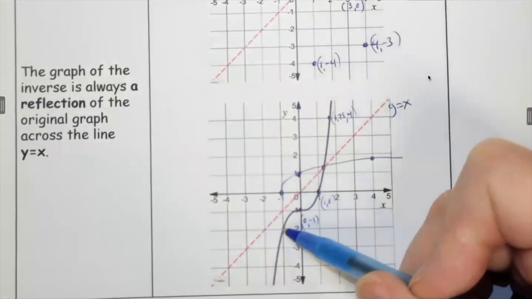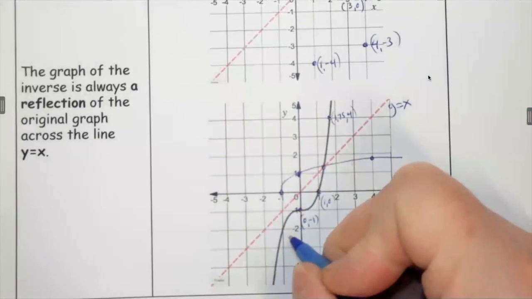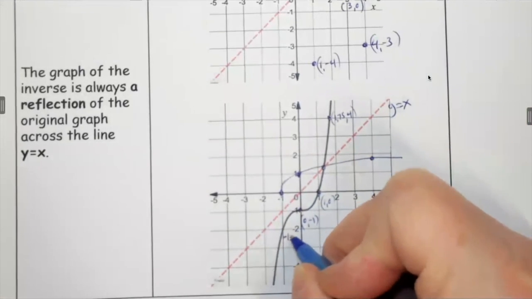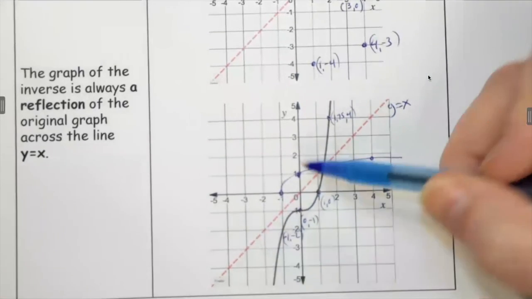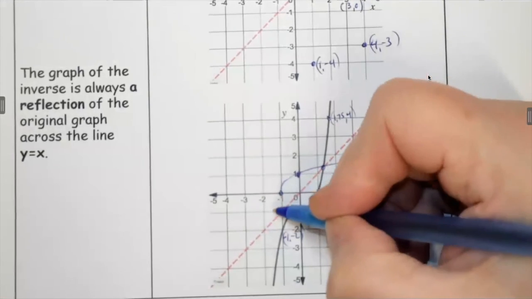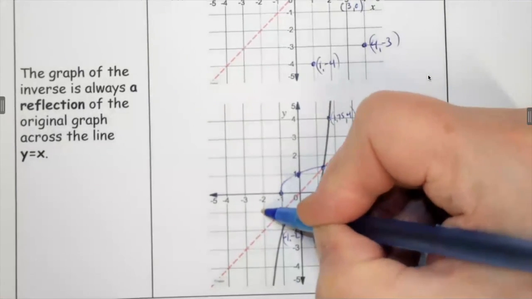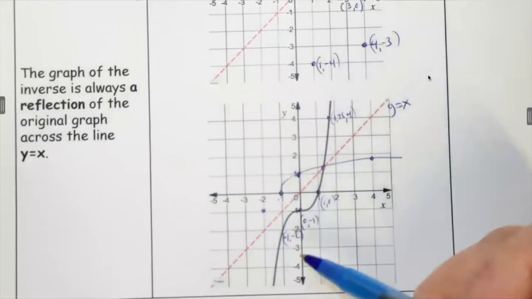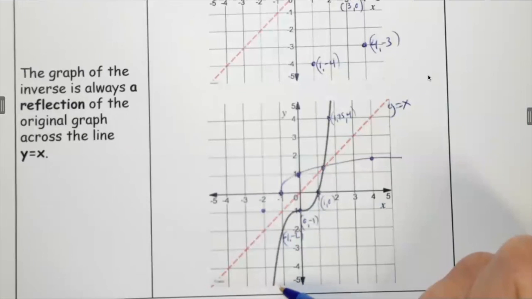Here is a point right here, -1, -2. That means -2, -1. One more down here. -1.5, -4.